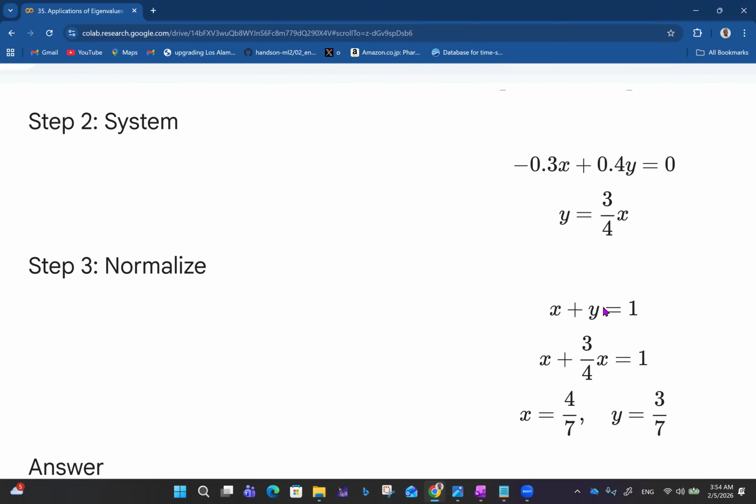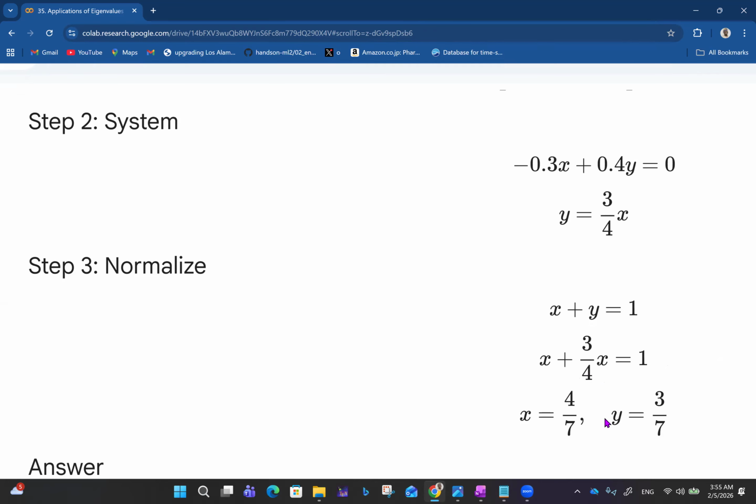We already know y is 3 over 4 x, so x plus 3 over 4 x equals 1. If you solve that, 7 over 4 x equals 1, meaning x is 4 over 7, and automatically y has got to be 1 minus 4 over 7, which is 3 over 7.